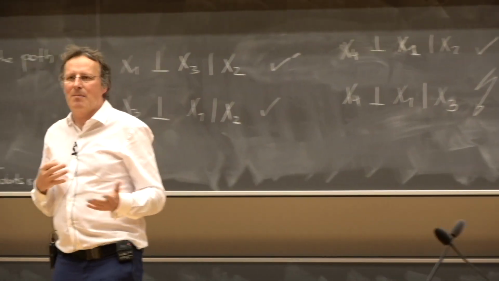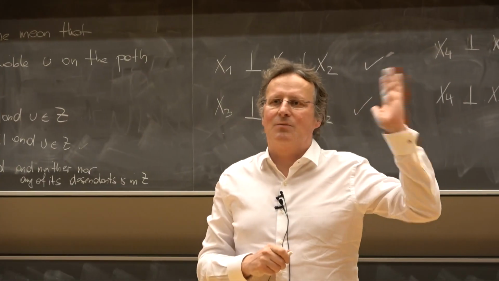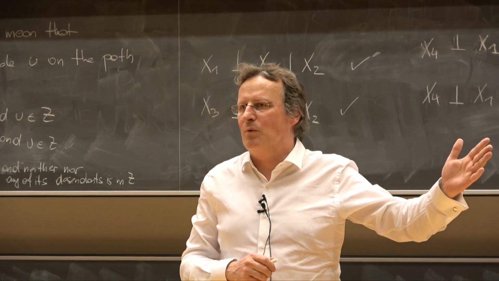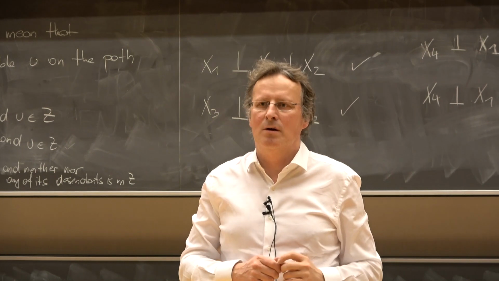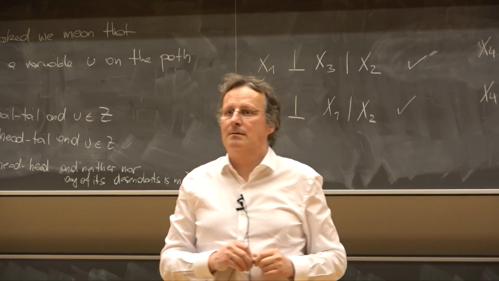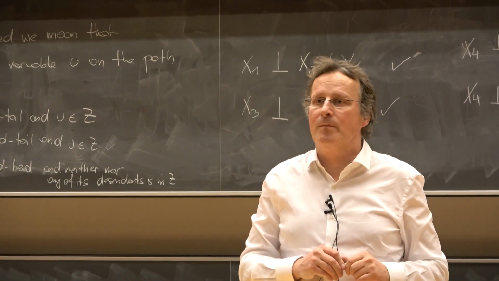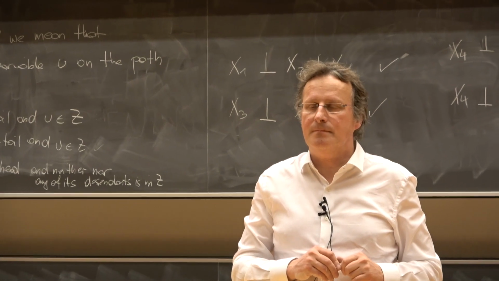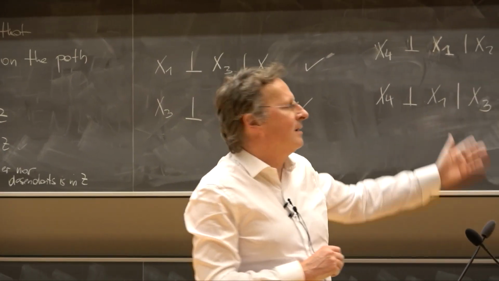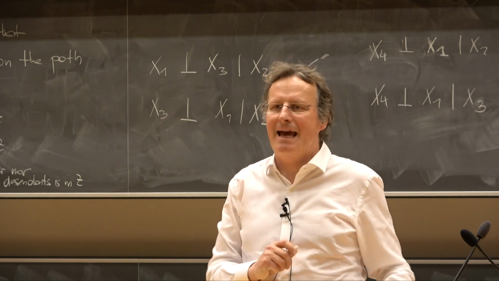We have not said anything about what causes what. So in the first case it might look like x1 somehow causes x2, and the second might look like x2 causes x1. So these arrows have nothing to do with causality. Doesn't it create a problem between tail-to-tail and head-to-head? The only difference is which way the arrow is going. All I mean is, say one of them is smoking and the other is cancer.